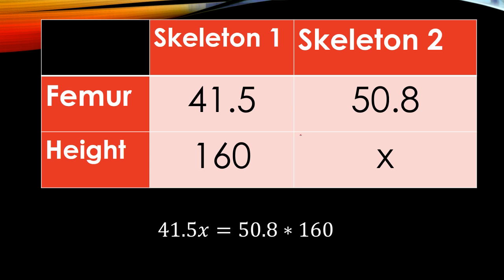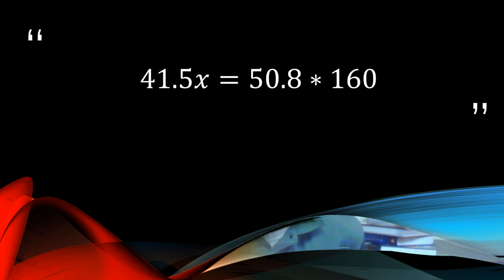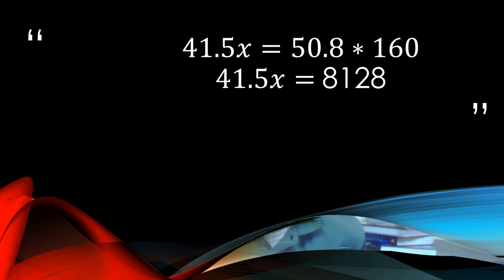So what I'm going to do here is cross multiply. You're familiar that if you cross multiply, 41.5 times x equals 50.8 times 160. Okay? That's where that equation comes from. Now I do a little math. I multiply 50.8 times 160 in my calculator to get 8,128.